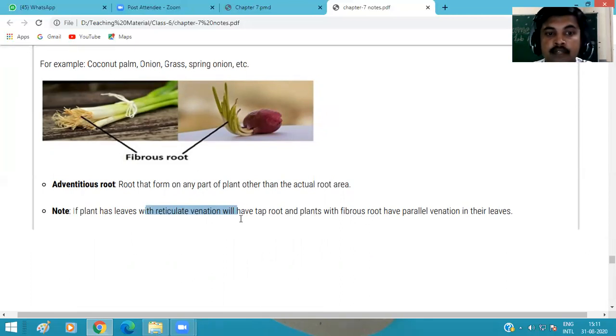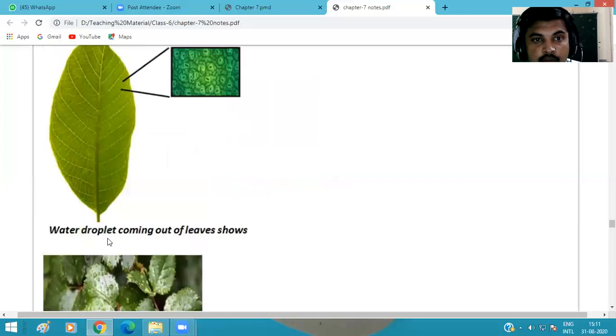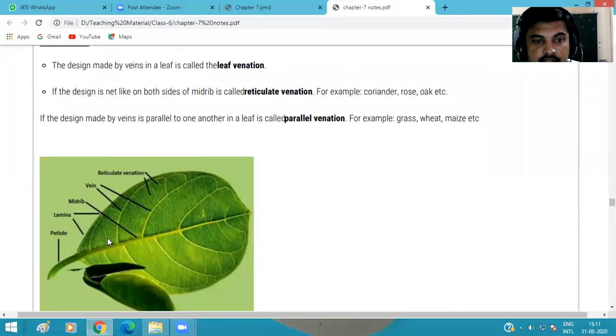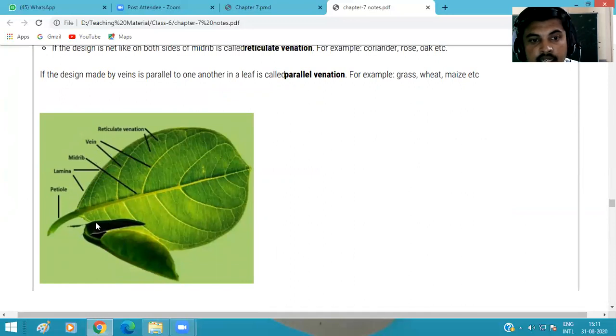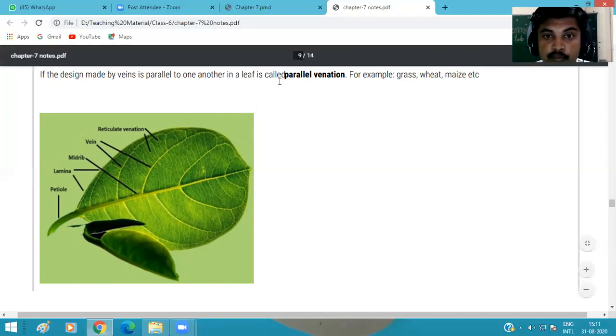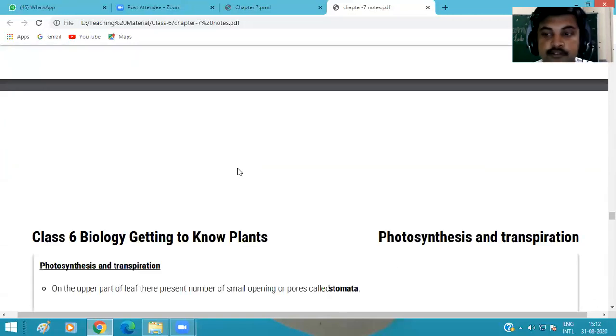For example, if any plant's leaves have this type of venation, what is this type of venation? Reticulate venation. If the plant has reticulate venation, it means this plant has a taproot. On the other hand, plants which have parallel venation in their leaves have which type of roots? Fibrous roots.